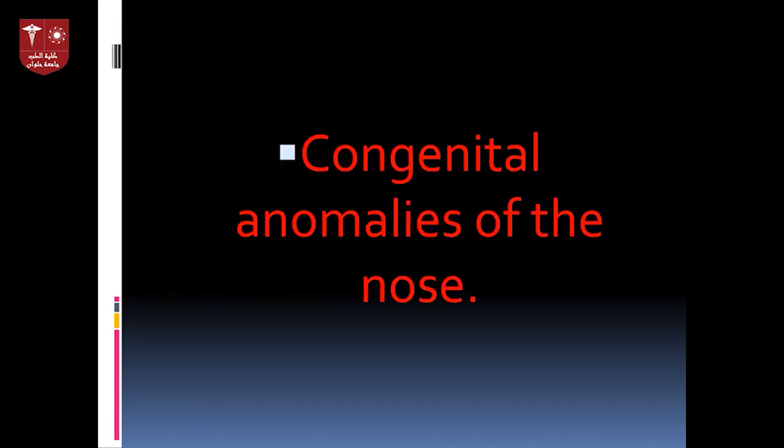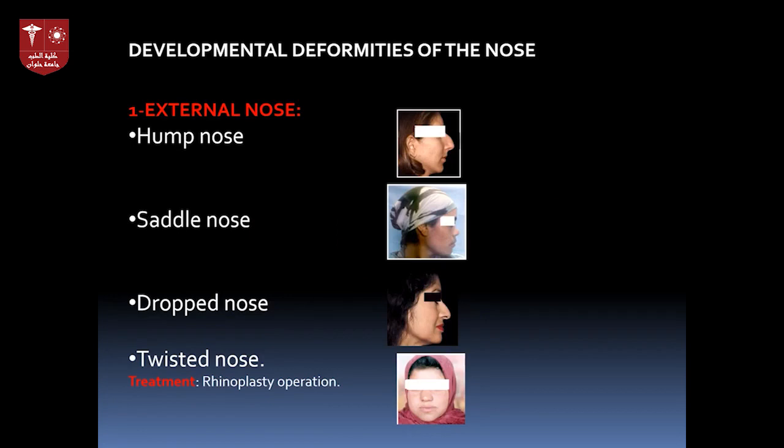So let's start with the congenital anomalies of the nose. There are developmental deformities of the external nose, like hump nose, like in the first figure. As you can see, this woman has a hump or a nasal elevation.